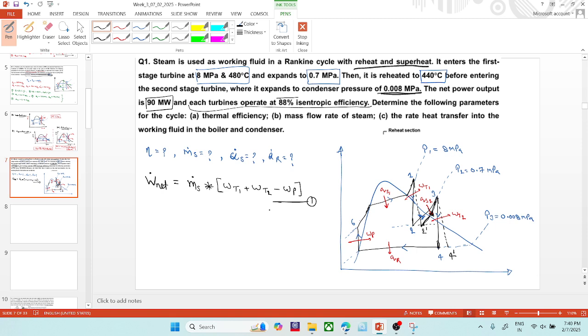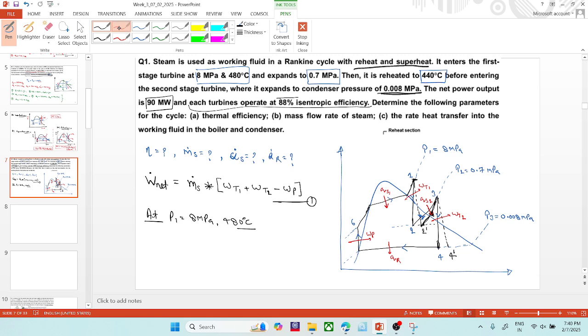Okay, so first write the enthalpy at point 1. At P1 equal to 8 megapascals and 480 degrees centigrade, this point is in the superheated region. So we have to find the values from the superheated steam table.